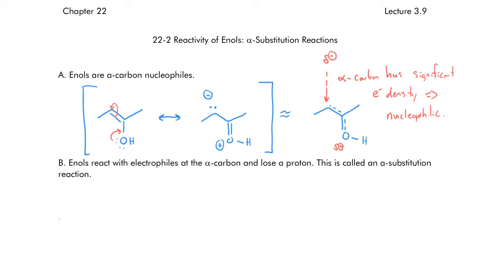This alpha nucleophilicity is best demonstrated through a reaction known as the alpha substitution reaction. Here's a general reaction scheme for the alpha substitution. We start with our enolizable carbonyl system. This can be a ketone or an aldehyde, and in the presence of an electrophile, and we'll see the types of electrophiles we can use in this are varied, we can substitute one of the alpha hydrogen atoms with the electrophile.